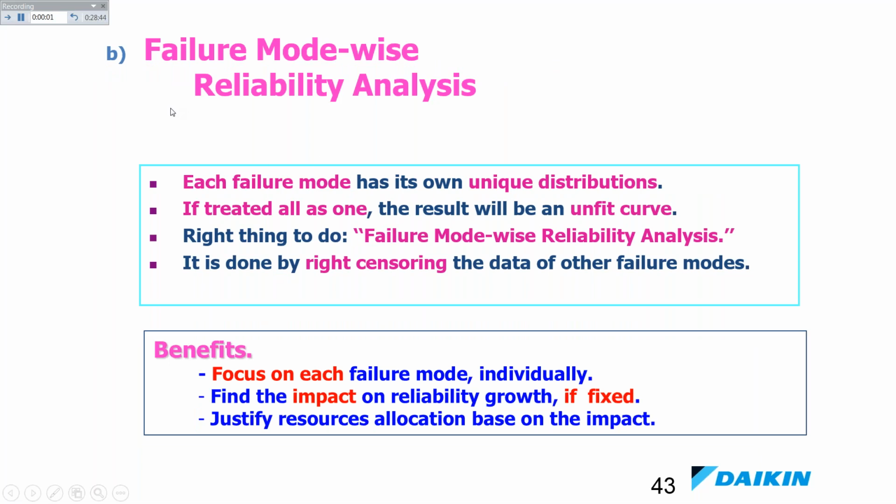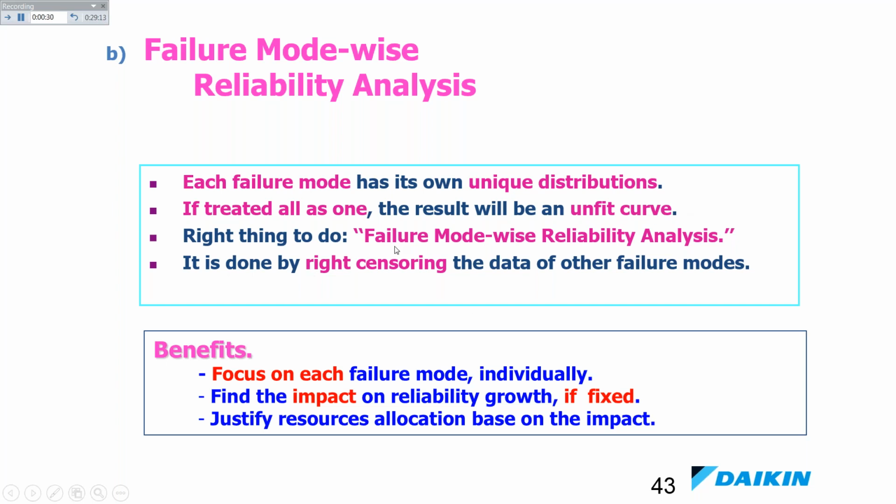The second idea is the failure mode wise reliability analysis. Each failure mode has its own unique distribution. If you find different failure modes, a mix of failure modes, and put them into one distribution, you will see a very unfit curve.